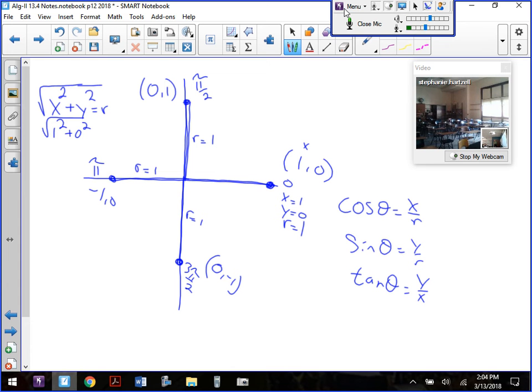So what's happening here is that you're using these values of x's and y's because when I have these values of r, when I divide by 1, does it change anything? No. That's why when we said that your x value is always your cosine, your y value is always your sine.